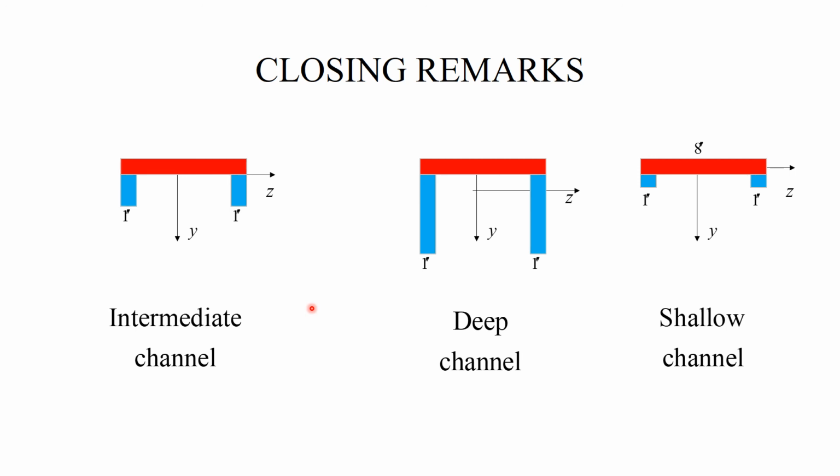Now, if I look at the deep channel, it is clear that when we cut through the webs, B is equal to 2 inches, 1 plus 1. In the case of the shallow channel, we cut through the flange, and then B is equal to 8. The question then becomes, what do we do at the intermediate channel? We adopted B equal to 2, which is probably the best we can do with our analysis.